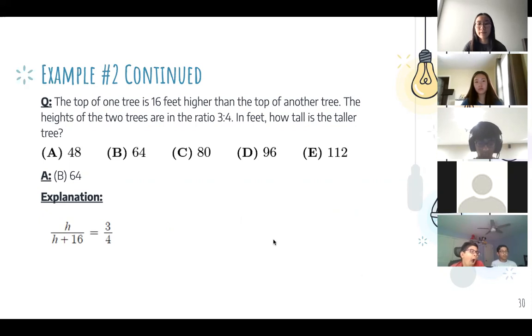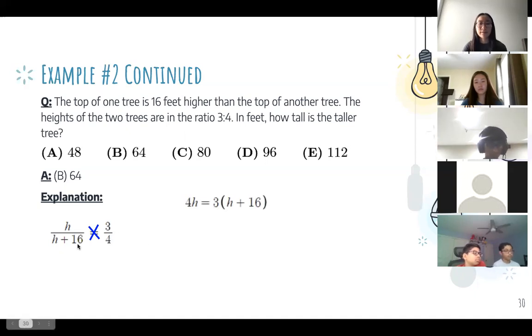And then now we use cross multiplication to solve that. So we do h times 4 equals 3 times the quantity of h plus 16. So we use the distributive property, 3h plus 48. Remember, you guys all know how to solve for a variable.